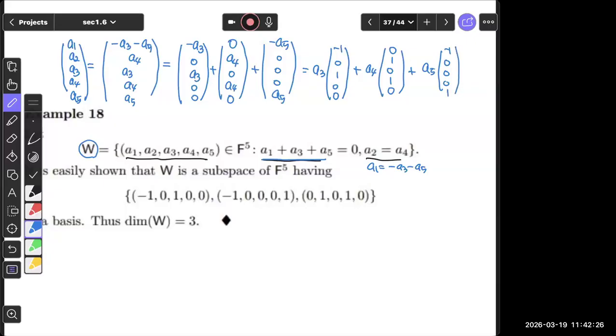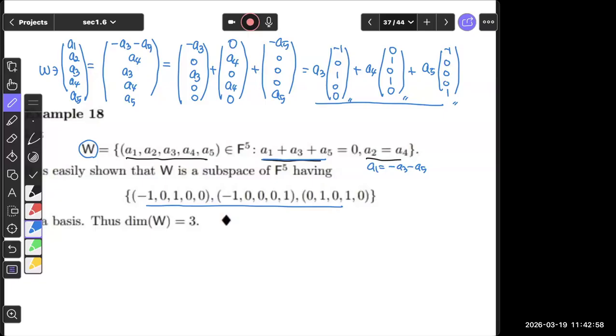So any vector in this W space is a linear combination of these three vectors, meaning these three vectors generate this W space. This equality shows that any vector in W can be written as a linear combination of these three vectors, so they span the whole space.